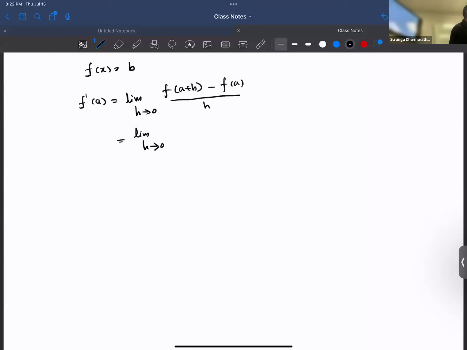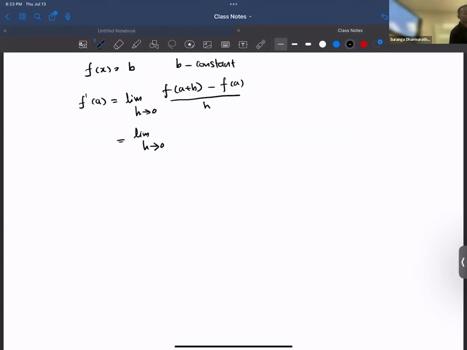Anybody? What do you think, Bryson? It's okay, you might get it wrong, but tell me the answer. The question is, what is f of a plus h for this function? f of x is equal to b. B is a constant.